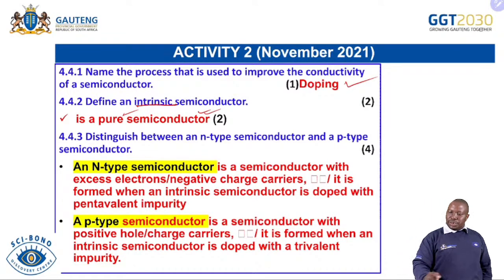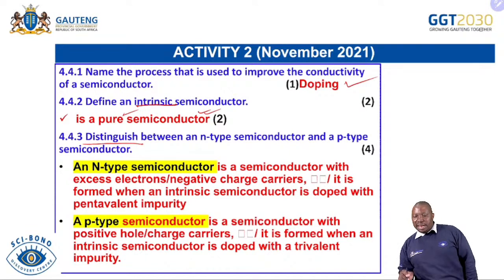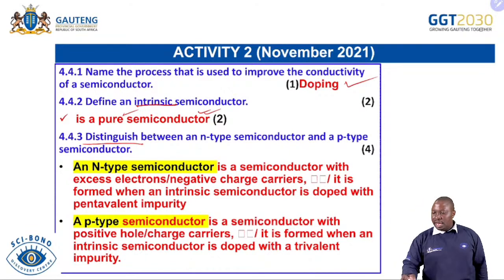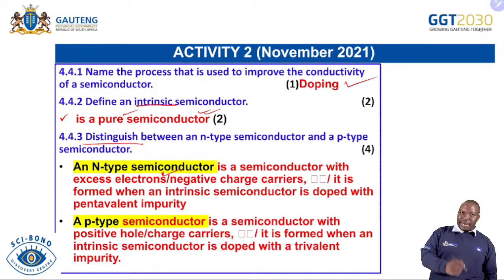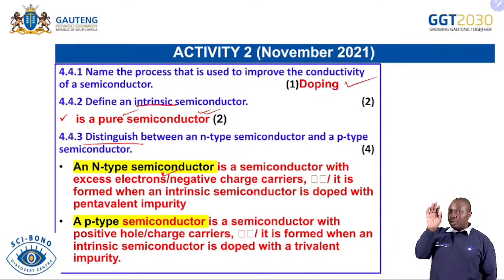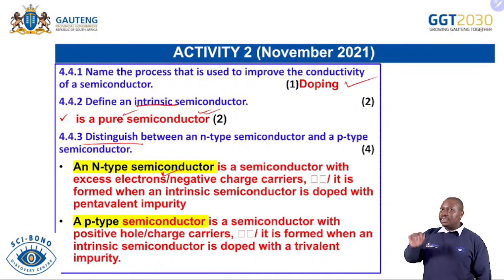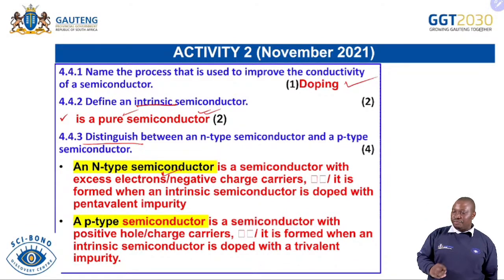We say differentiate between the n-type semiconductor and the p-type semiconductor. So you said an n-type semiconductor is a semiconductor with excess electrons as negative charge carriers. So it has more electrons because there is oversupply. We use phosphorus, which brought 5, and the silicon needed 4. So there is oversupply of electrons, so it has excess electrons, or negative charge carriers.